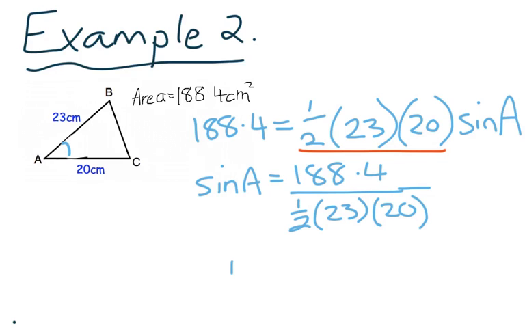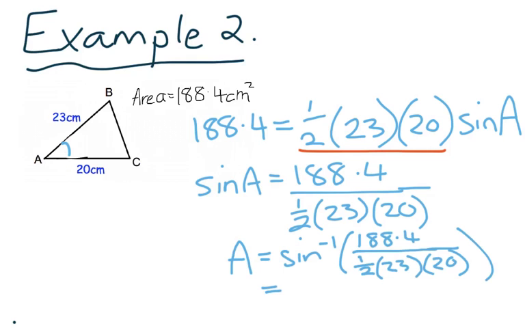Now, of course, just like with normal right angled trig, to be able to find an angle, you need to use the inverse of sine. So you can work out what the 188.4 over half times 23 times 20 equals, or you can just type it into your calculator as it's written there, and then you can get your answer. And to the nearest whole number, you should have come out with 55 degrees.